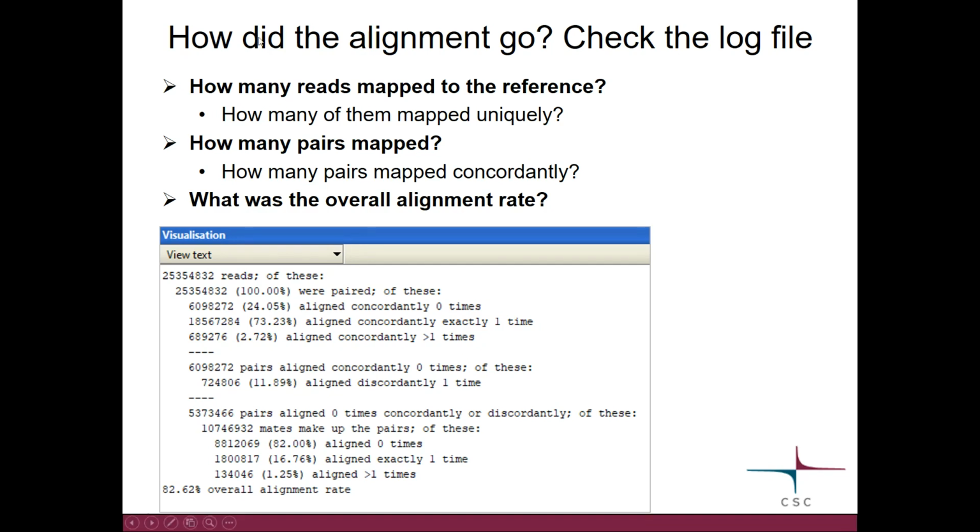If it was paired data, you can check how many pairs mapped and how many of those pairs mapped concordantly, meaning in the right orientation. And importantly, what was the overall alignment rate? So like in this example here, the overall rate was 82.6%.